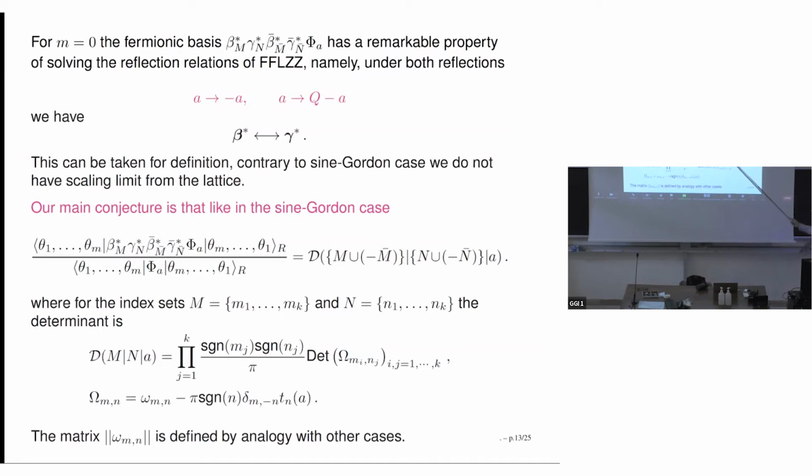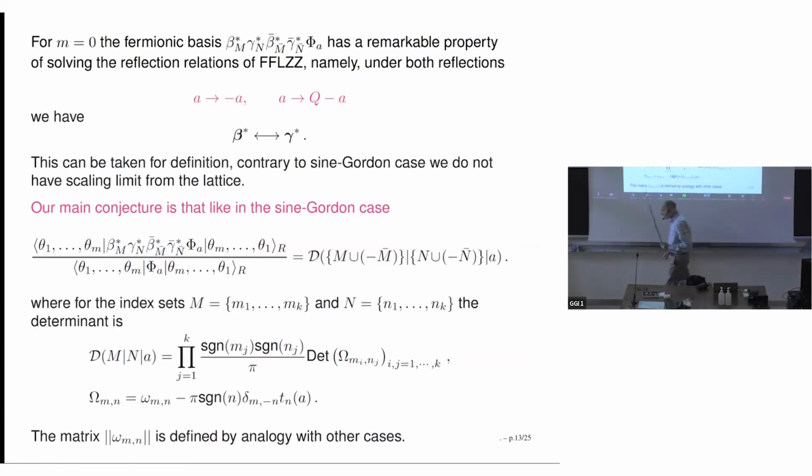First of all, if I take my primary fields e^{A phi}, the one-point functions are symmetric under A to minus A, just because of C symmetry. So that's clear. On the other hand, I can consider it in some sense as a perturbation of Liouville, and then it should inherit another symmetry, which is A to Q minus A. This is a typical symmetry for the Liouville.